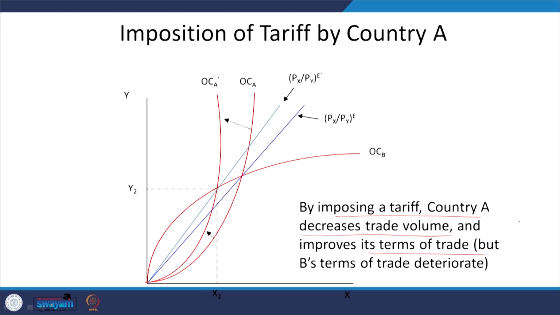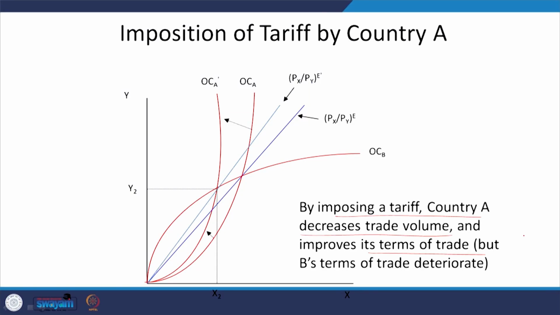Why is it so? Because by imposing a tariff, the price of that product increases. In any case, by imposing a tariff, a country usually restricts its imports, and import demand falls.